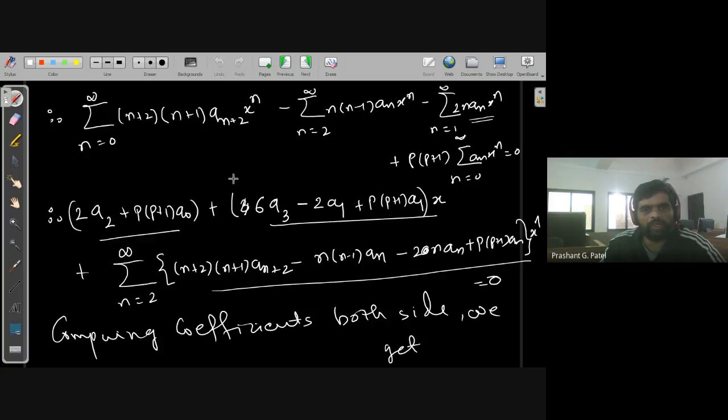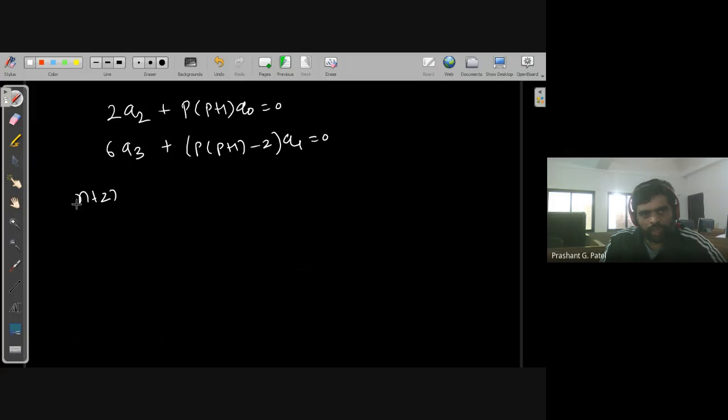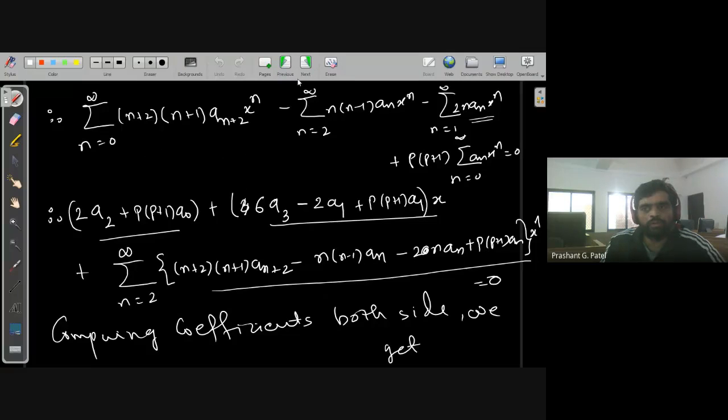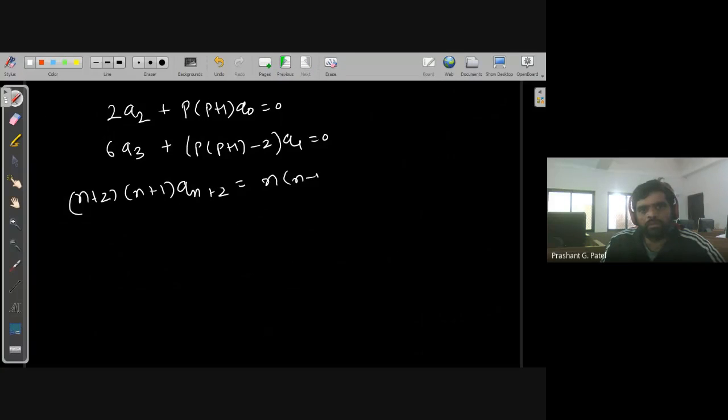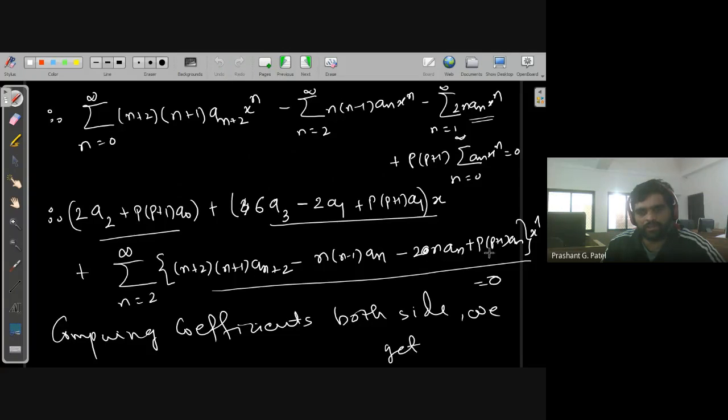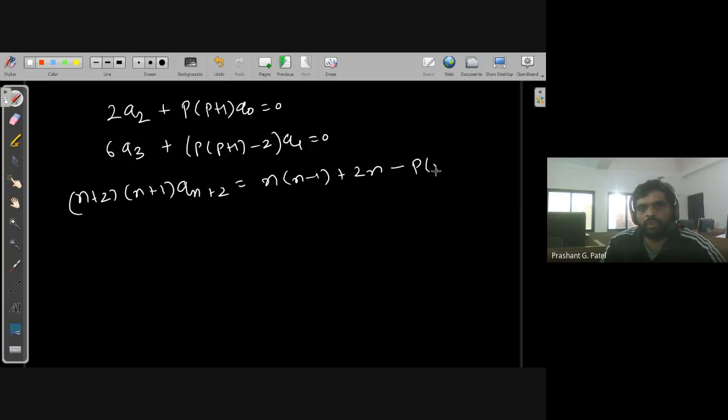Next we have this quantity, and all the other quantity I am taking on the other side. So that gives you n plus 2 into n plus 1 a n plus 2 equal to, you can see that it is n into n minus 1 plus 2n, and minus, since this quantity goes on the other side it becomes minus, p into p plus 1, whole quantity into a n.